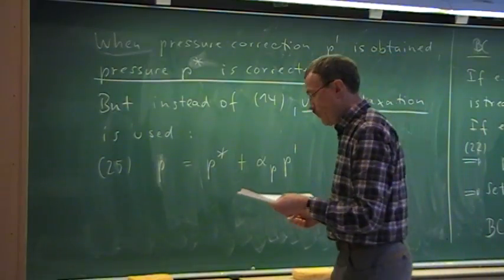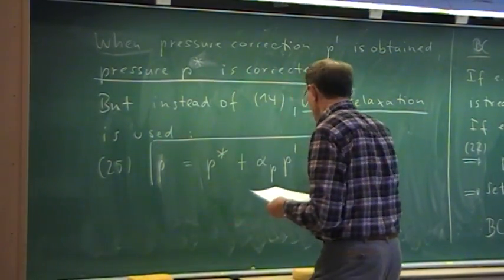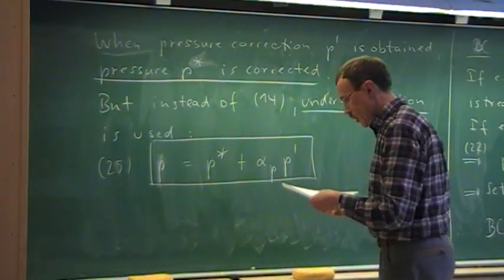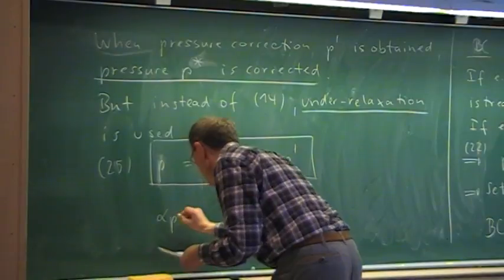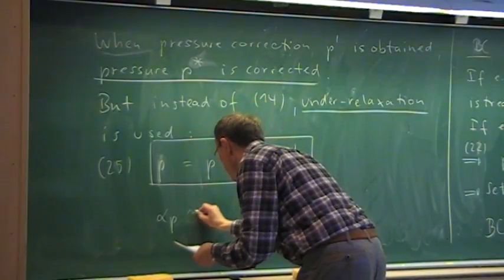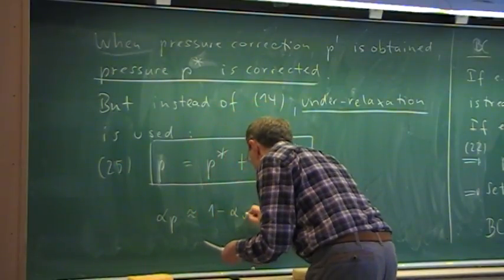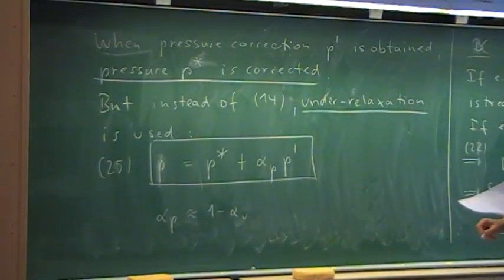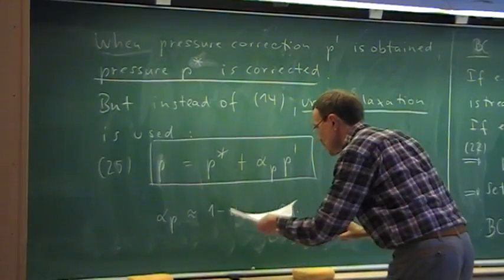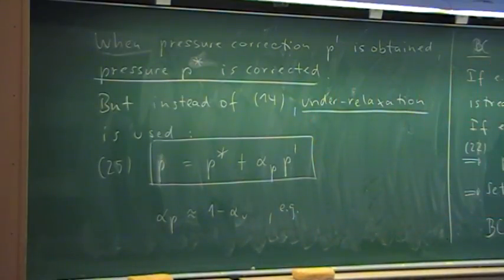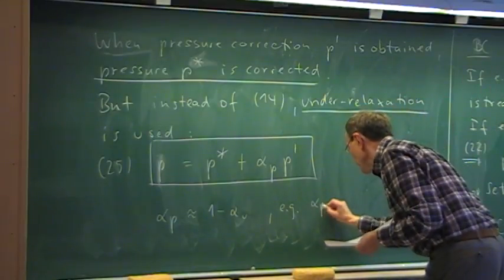Many people, well, it was actually Raithby and Schneider, advocated to use alpha P as 1 minus alpha U. So in our case, if we used alpha U of 0.8, then this alpha P would be 0.2.